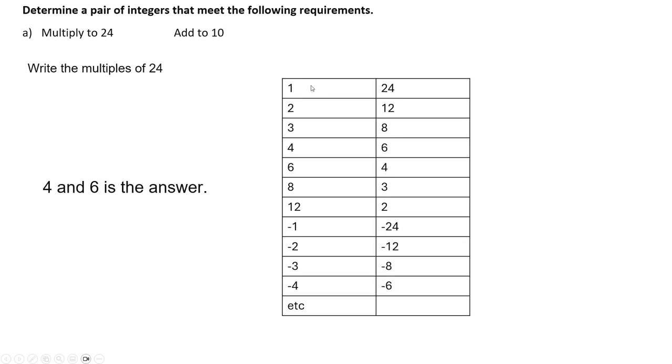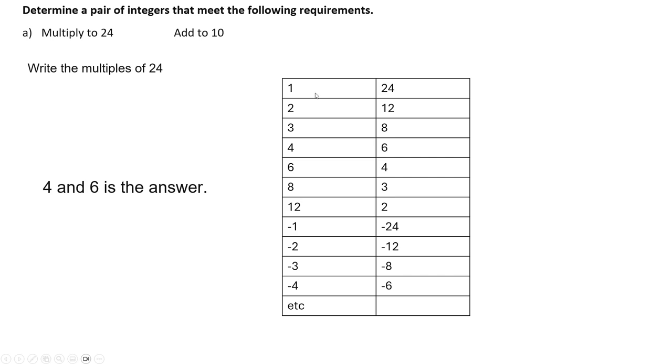Well, they are 1 times 24, 2 times 12, 3 times 8, 4 times 6, and so on. So we have all these pairs of numbers that will multiply together to be 24. But one of these pairs of numbers needs to add together to be 10.